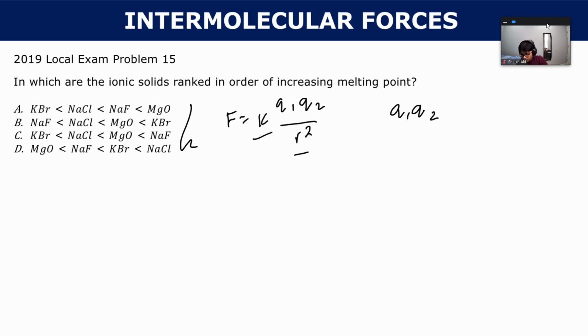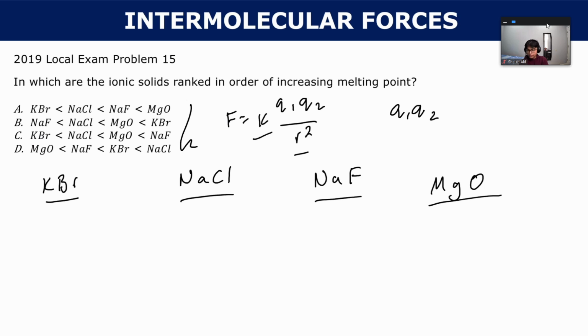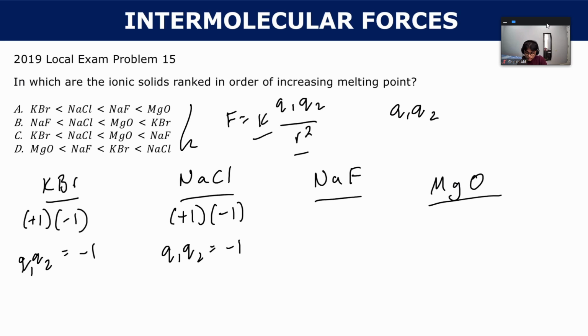So we have 4 compounds, KBr, NaCl, NaF, and MgO. So let's calculate the Q1, Q2 values of all of these. K is going to have a +1 charge, bromine has a -1 charge, so Q1, Q2 is going to equal -1. NaCl, sodium has a +1, chlorine has a -1, so again Q1, Q2 is going to be -1.